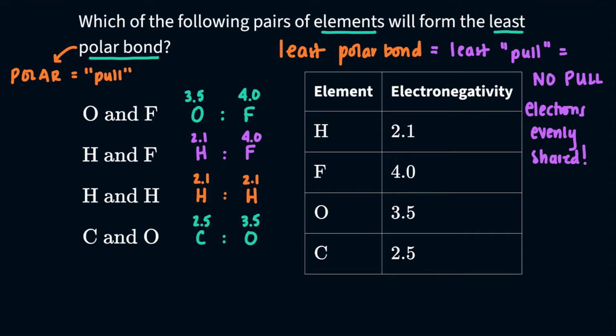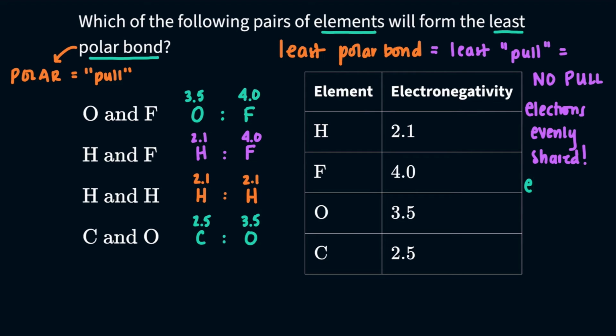We don't want one atom pulling towards one side. And the only way we're going to get that is if the electronegativity difference between the two is as close to, or at least identical, right? If those electrons are evenly shared, the electronegativities have to be the same.